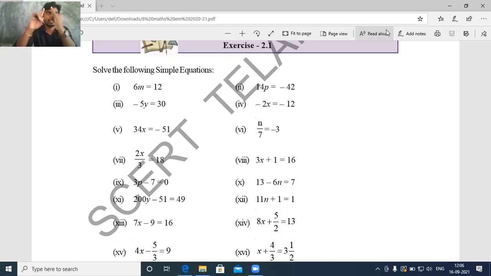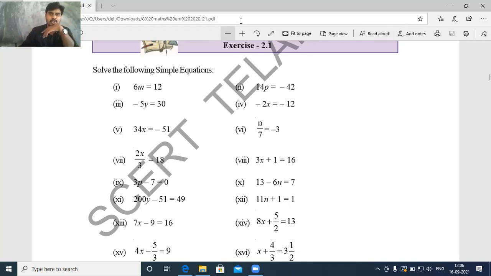Solving and solution are both the same, like synonyms. Then how do we find a solution actually? It is nothing but finding the variable value in the given question. Listen carefully, solving is nothing but finding the variable value in the given equation.